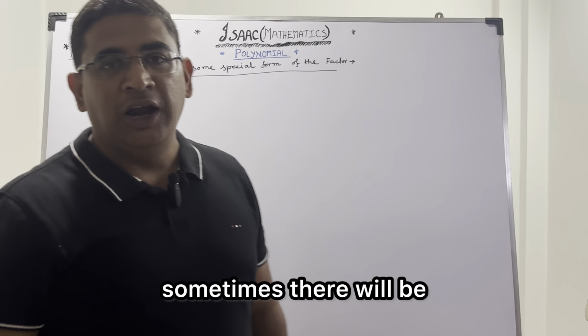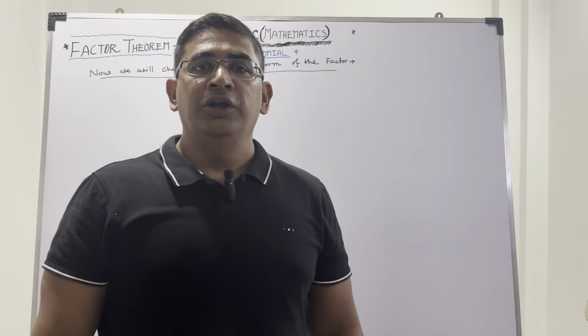Sometimes there will be not the exact form of the factor like x minus a. So in those cases, how can we find a? These procedures of finding a will help us to calculate easily the value of a.